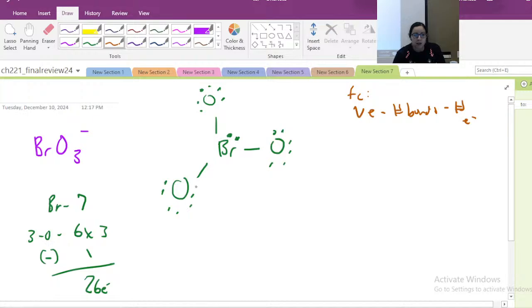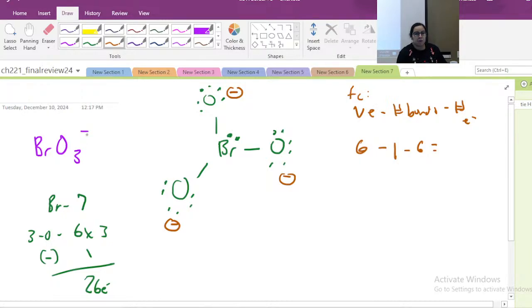For oxygen, in this case, all symmetric, so 6 minus 1 minus 6. So what does that get us for a formal charge? -1, so write that on all your oxygens. And then if these are all -1, what do we suspect our bromine must be? We can also do the calculation. What's our formal charge?